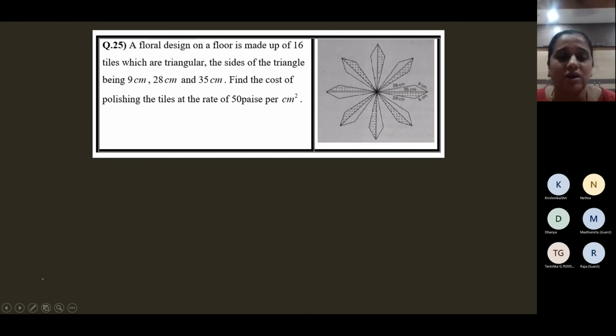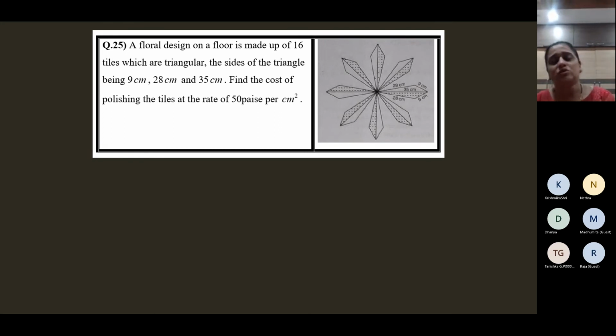So find the cost of polishing the tiles at the rate of 50 paise per centimeter square. So nothing, just find the area and multiply with 50 by 100. If you just multiply by 50, you will get the cost in paise.